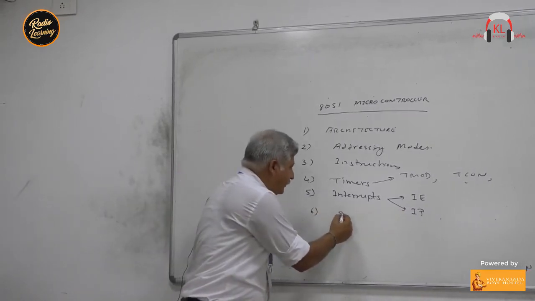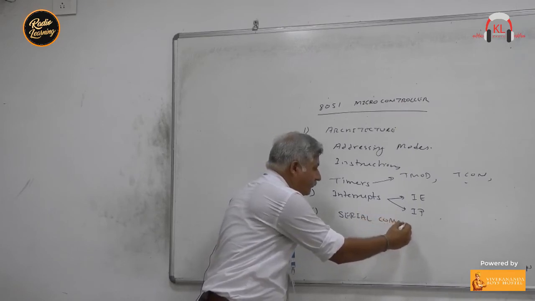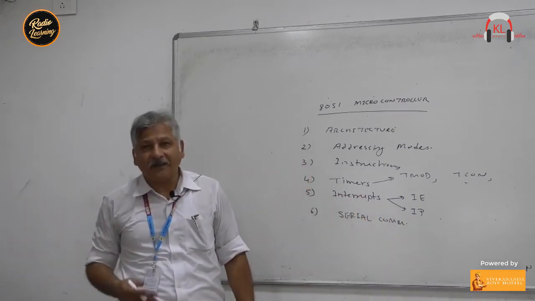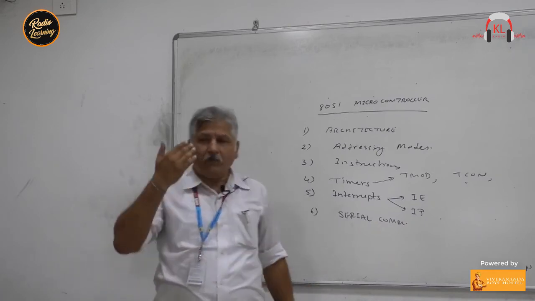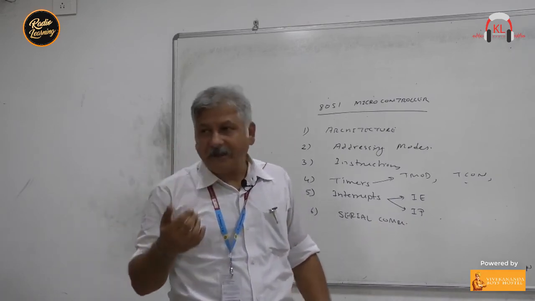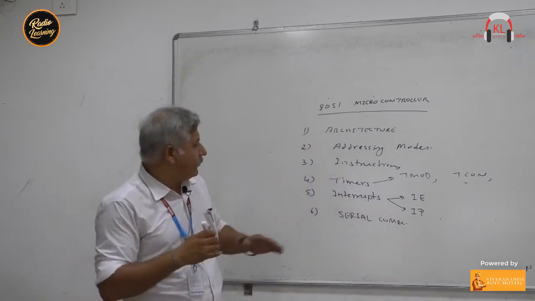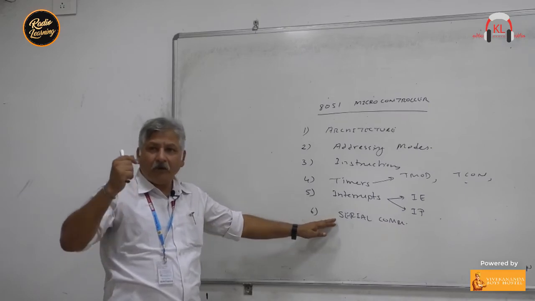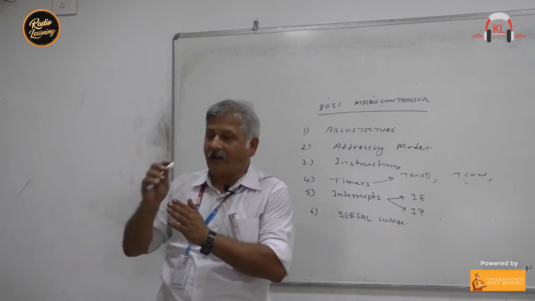Then you should study serial communication, right? How to transfer data serially. So in that, when we are transmitting or receiving data serially, at that time we have to transmit or receive the data with a particular baud rate. Right? For example, at 9600 baud, you have to transmit the data.